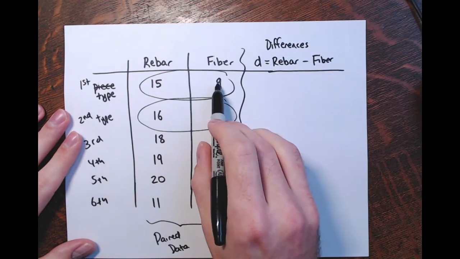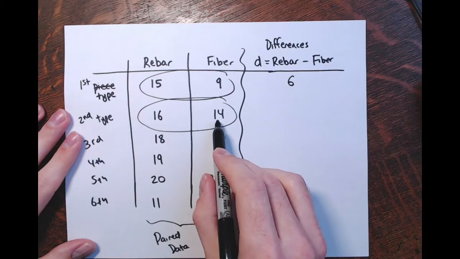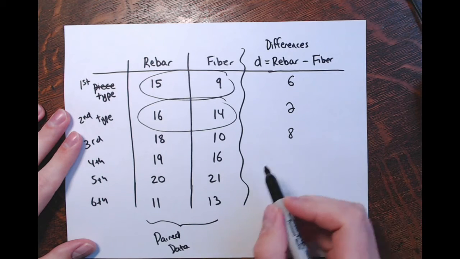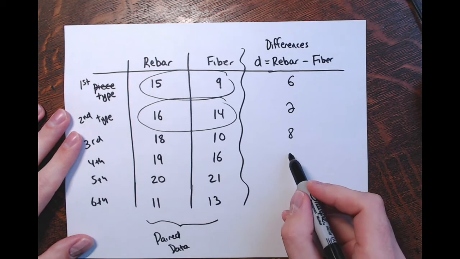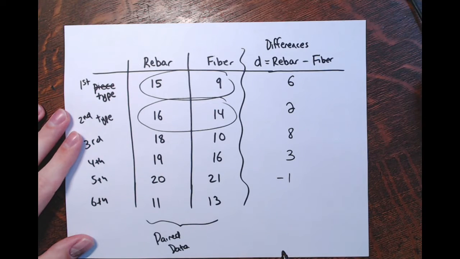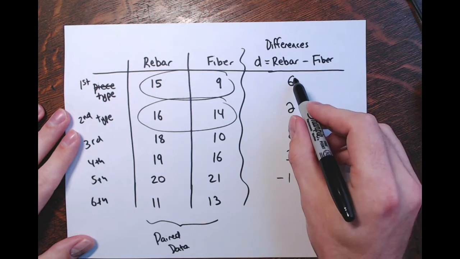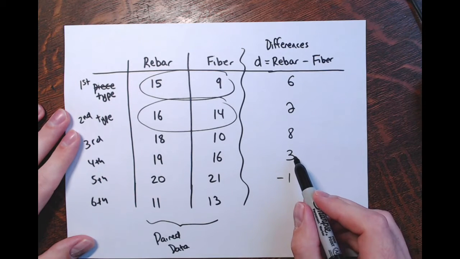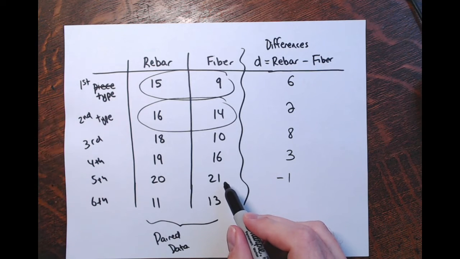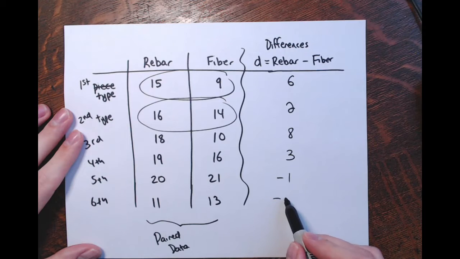So 15 minus 9, 6 minutes difference. 16 minus 14, 2 minutes difference. 18 minus 10, 8 minutes difference. 19 minus 16, 3 minutes difference. 20 minus 21, negative 1. So that means that the fiber took longer to crack this time. When it's positive, rebar takes longer to crack. When it's negative, the one made with fiber takes longer to crack. Then 11 minus 13, negative 2.